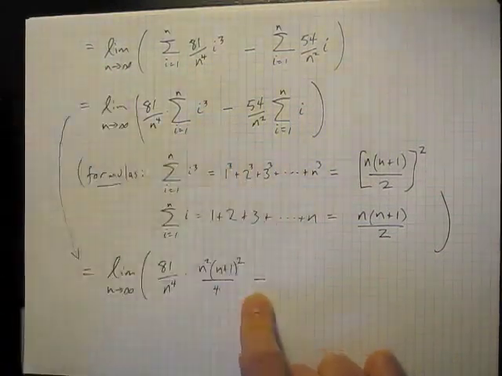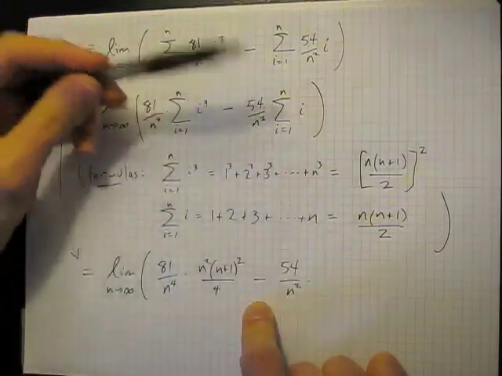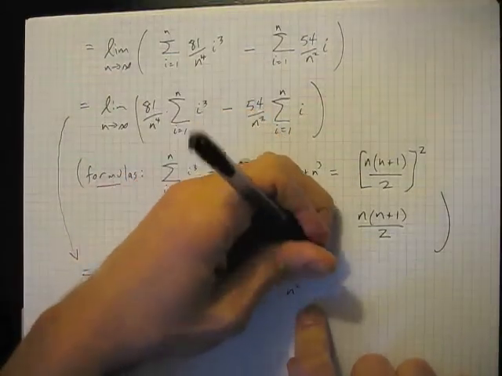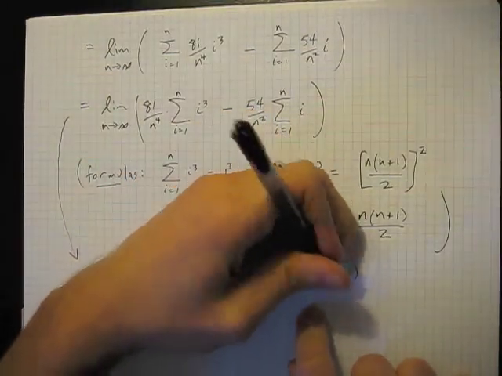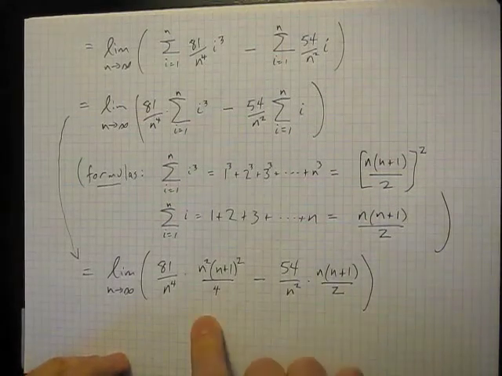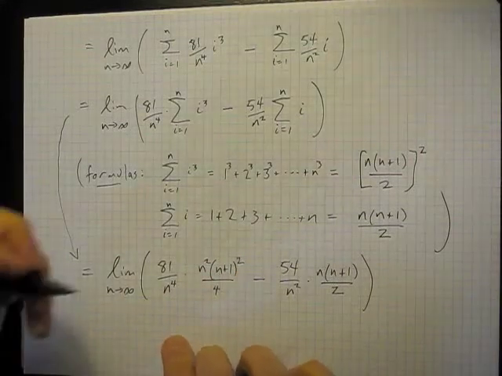And then we subtract 54 over n squared times, now we're going to replace this piece here by its corresponding formula here, n times n plus 1 over 2. Okay. Now, this looks scary, but it's just a limit of a ratio of polynomials.